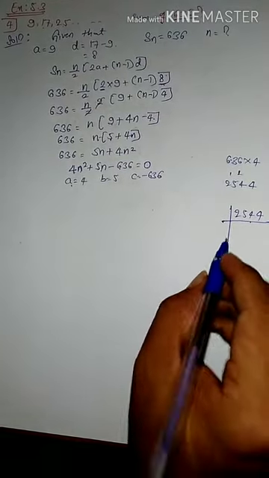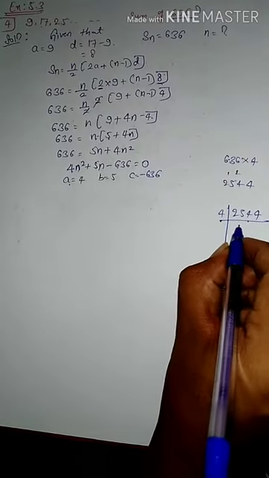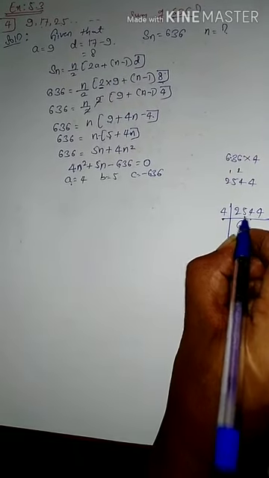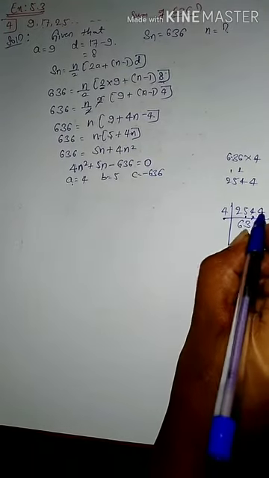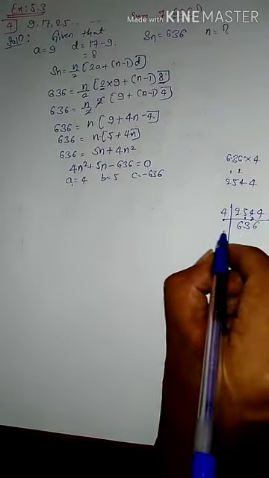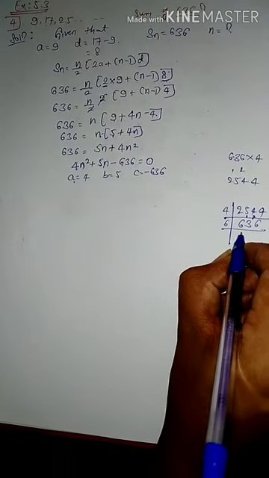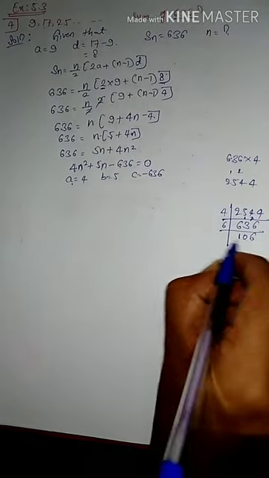4 6s are 24, 1 is remainder, it becomes 14. 4 3s are 12, 2 is remainder, it becomes 24. 4 6s are 24. Now 6 1s are 6, 6 6s are 36.